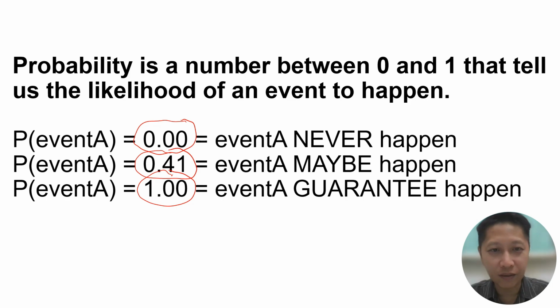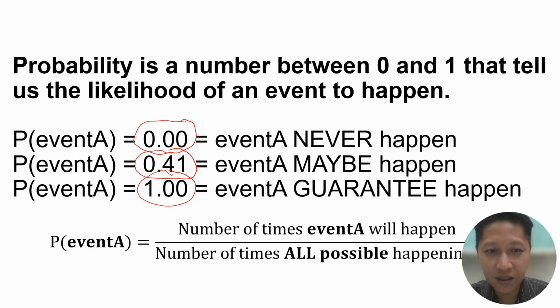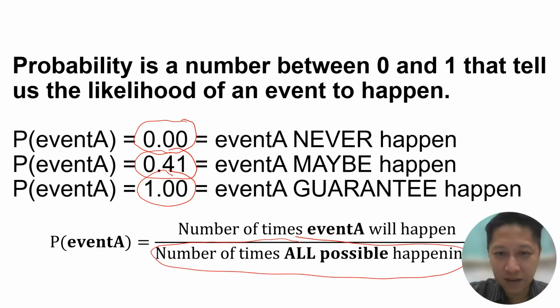How can we calculate the value from 0 up to 1? We can use the general formula defining probability. We count everything: how many in total? This is reflected as the denominator. How many possible ways, possible happenings, possible outcomes.